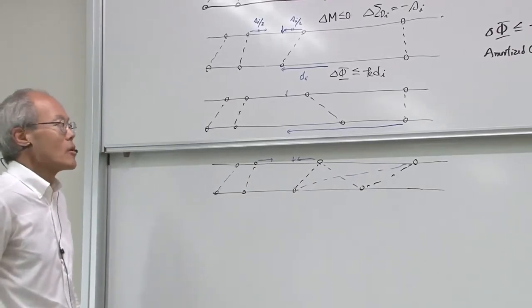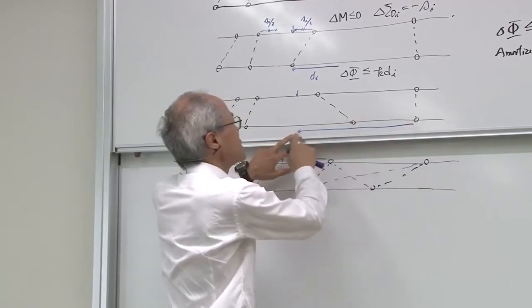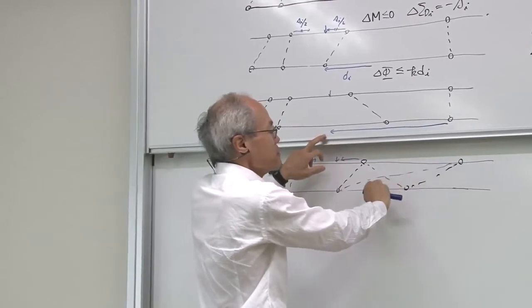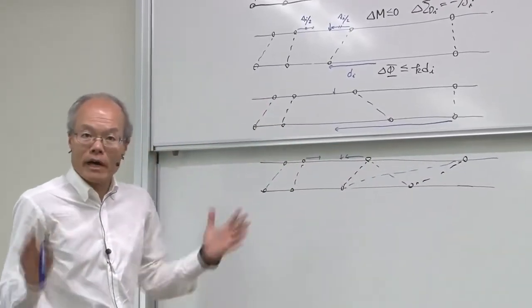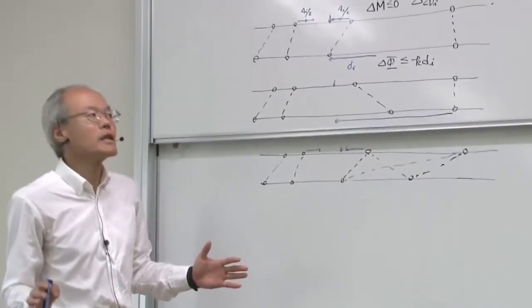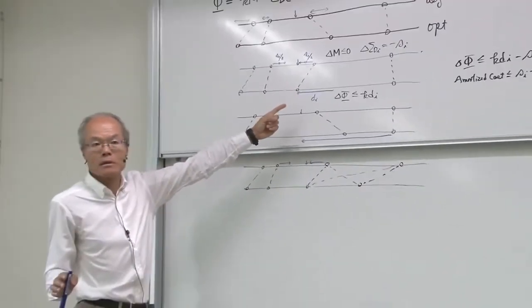Okay. So if this server moves, then we can change the matching from blue to black. Then the value of the matching does not increase. Actually, it decreases. And then we can use exactly the same argument as before.